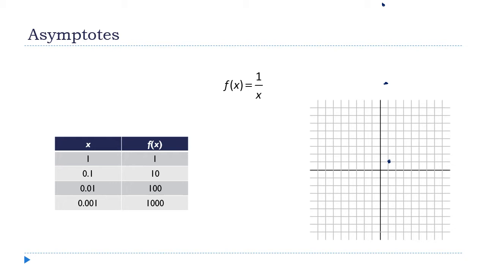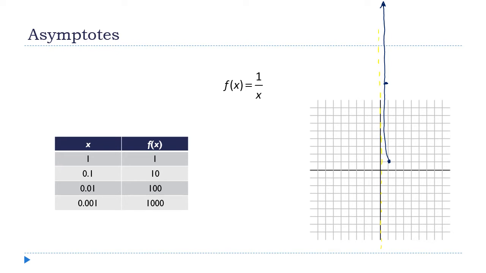Okay, so this graph in this section looks like this. And the way we indicate that the function is going to get closer and closer to 0 without ever actually getting there is with a dashed line. Right, so I'm going to draw a dashed line here, all the way up.